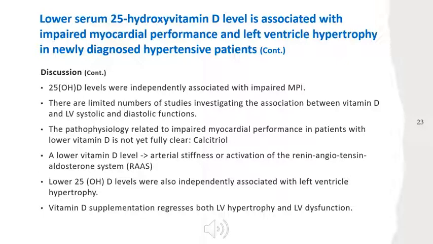Vitamin D deficiency is prevalent in chronic heart failure and is associated with poor outcomes. And the results show that 25-hydroxy vitamin D levels were independently associated with impaired myocardial performance index.